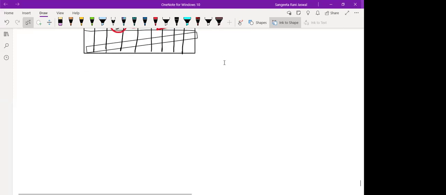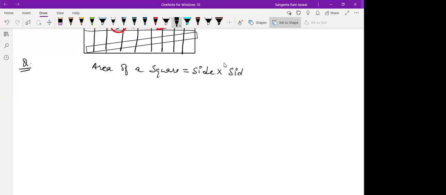Let's take up a question now. Children, here you observed when we were doing the above sums, we counted the area of a square as side multiplied by side, right?